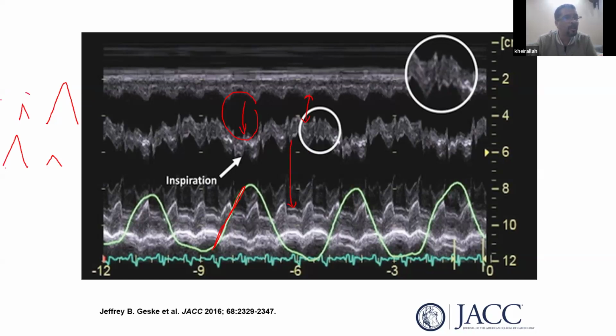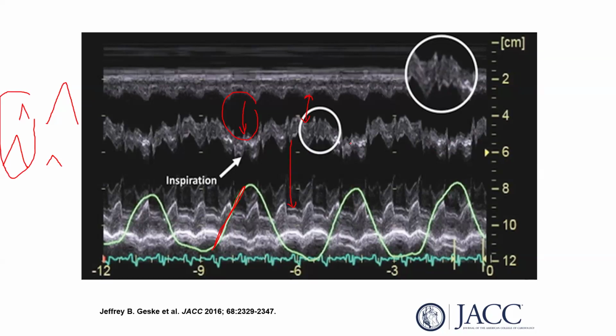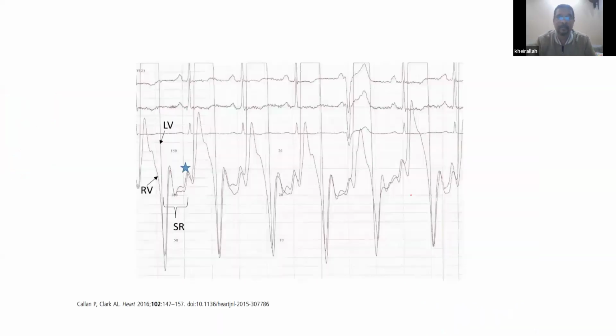And that's the discordance. When one increases, the other decreases, and vice versa, because the two ventricles are competing against the septum. That's what happens in constrictive pericarditis.